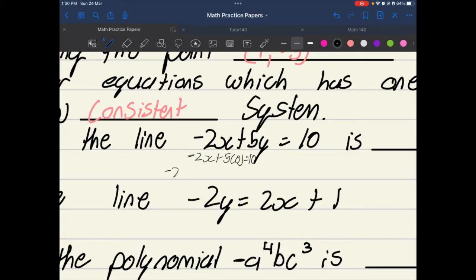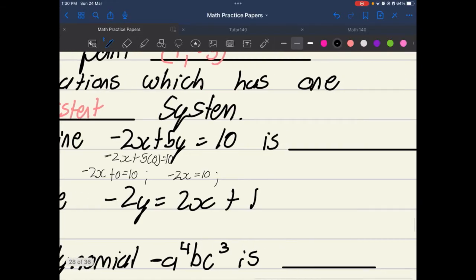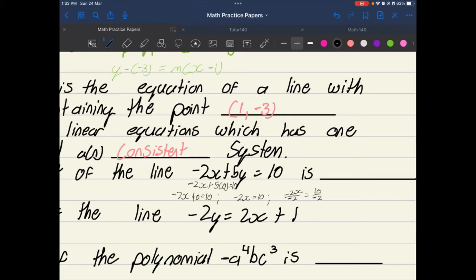So this would be negative 2x plus 0 equal to 10. Then we solve for x. This would be negative 2x equal to 10. Negative 2x divided by negative 2 is equal to 10 divided by negative 2, so x is equal to negative 5. To write this, we'd write negative 5 because that's the x value, and then 0 because we set y equal to 0.